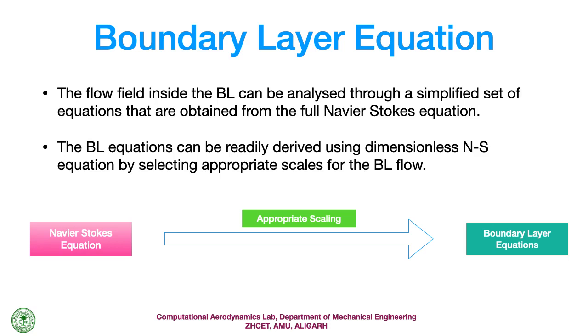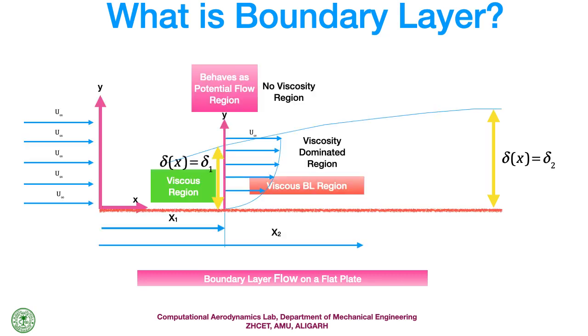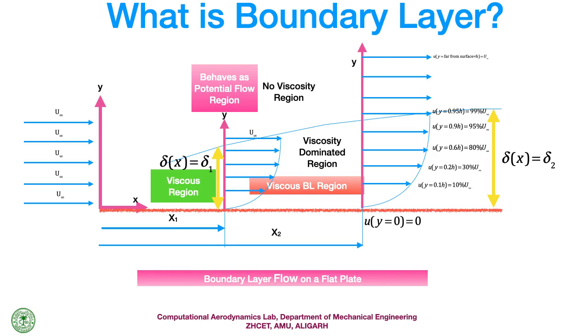Now, to define more the boundary layer structure, I will use the same slide. You can see that the edge of the viscous boundary layer is not a sharply defined entity. So that means there must be a certain way to quantify it. In the boundary layer flow, nearly all the variation in velocity is basically within this delta x.